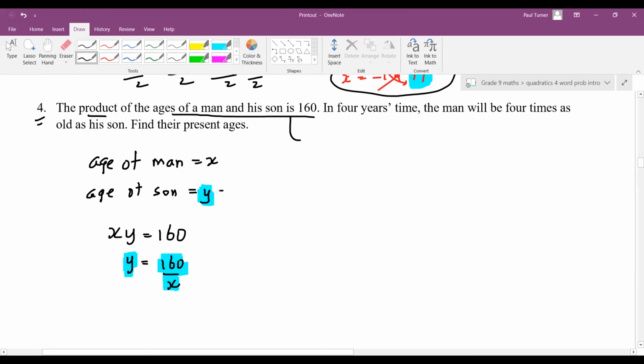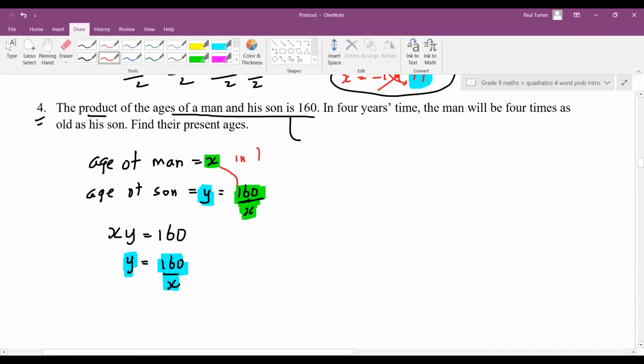Okay, so now I only have this in terms of x, which is better. I have one equation. I don't want two variables. I can't solve it. So that's why I'm trying to get it in terms of x.